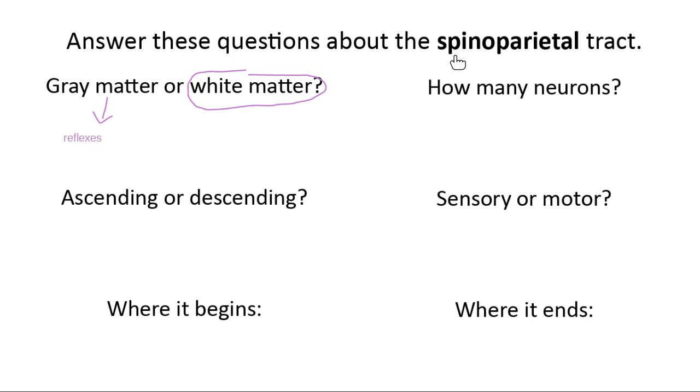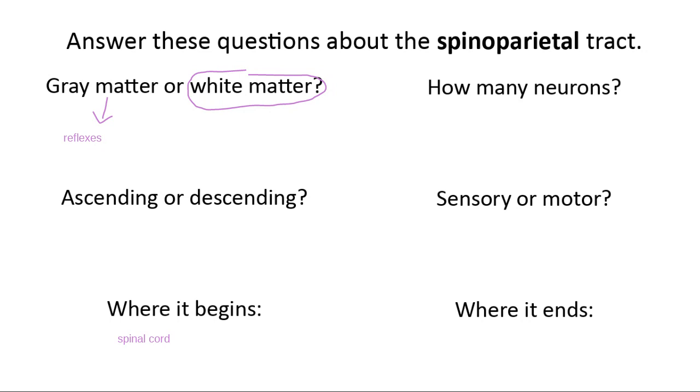Based on its first name, spino, where might we say this tract begins? Based on that spino word. Yeah, exactly. It looks like spine, right? So this is going to be something that starts in the spinal cord with those spinal nerves, and it ends where? Based on its name.